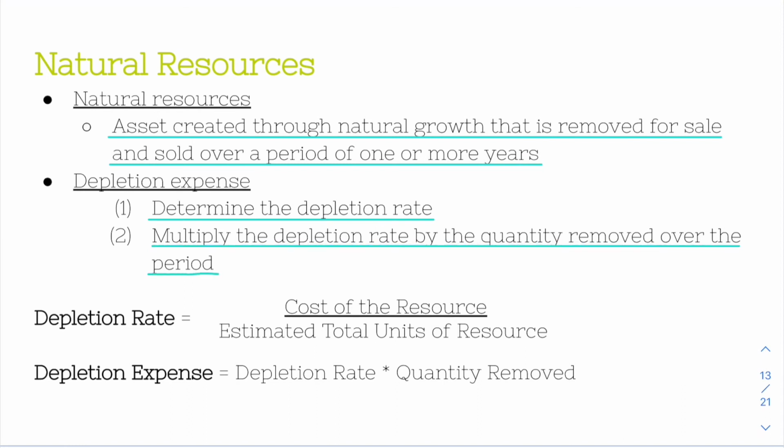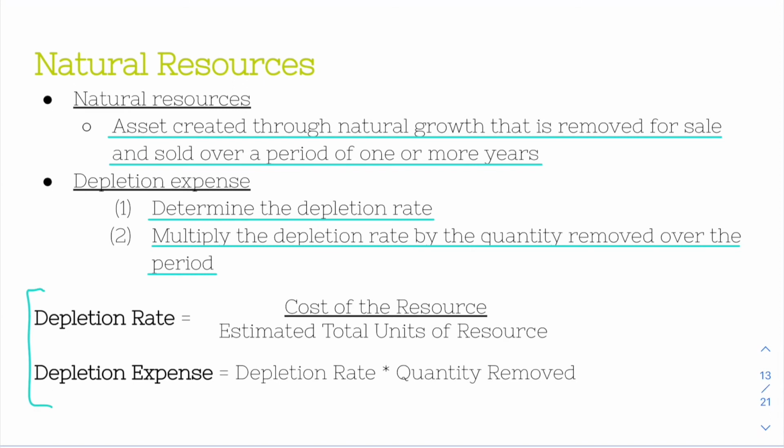And I'll show you an example of this in the practice problems, but for now, depletion rate is just going to be the cost of the resource. So the cost of a mine that you bought, or the cost of an amount of land with a bunch of trees on it that you're going to harvest. And so it's the cost of the resource divided by the estimated total units of the resource.